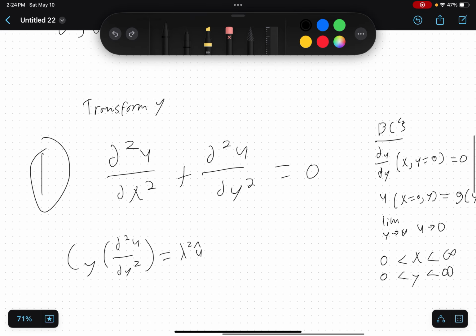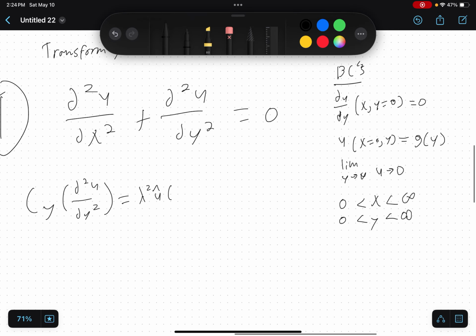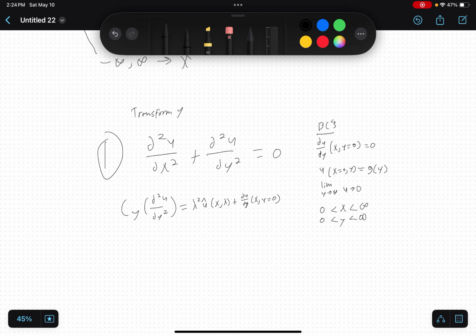Normal u is a function of x and y. Transformed u is a function of x and lambda. So that is this term transformed.